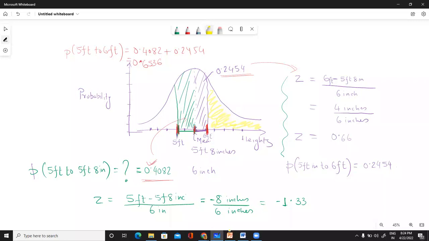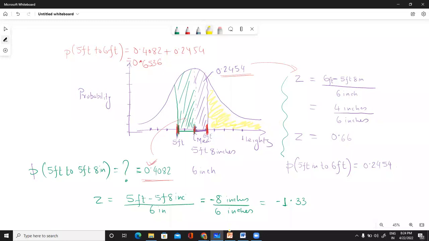We can do 1 minus, because the total curve is 1. 1 minus the remaining part will be the above 6 feet. 1 minus the probability of getting a value below 6 feet will give us the probability of getting a value above 6 feet.